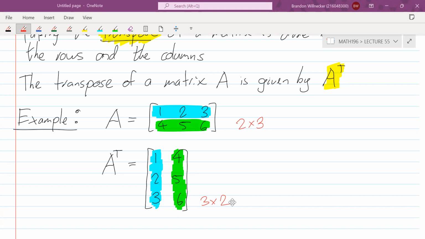So we had 2 rows before, now we've got 2 columns. We had 3 columns before, now we've got 3 rows. Okay, so those swap as well. So the 2 goes there and the 3 goes there. Okay, any questions on this transposition?